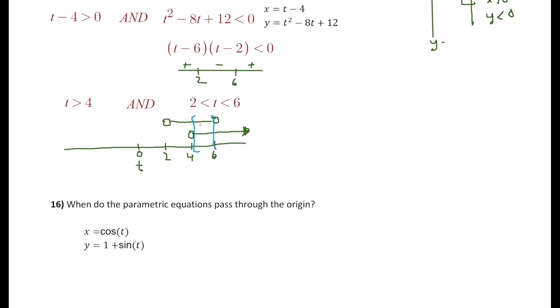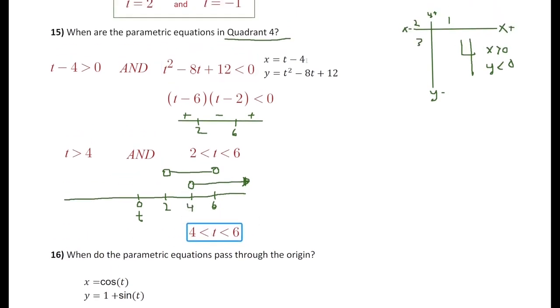And so our final answer here would be that t is in between 4 and 6. As long as t is in between 4 and 6, we can guarantee that the coordinates are going to be in quadrant 4.